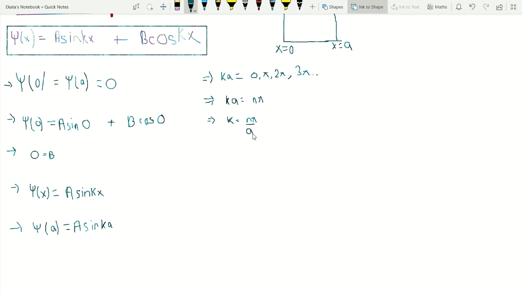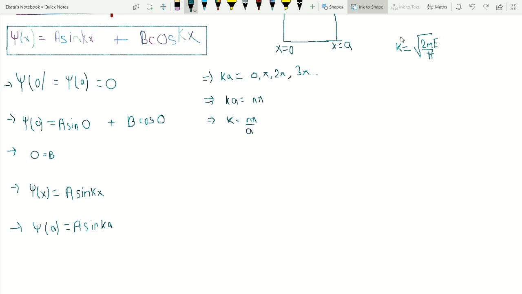Now what is the value of k here? In the previous video I determined the value of k, so I will write it here. In the solution of this infinite square well, I told you that k equals the root of 2mE, where E refers to the total energy, divided by h bar squared.